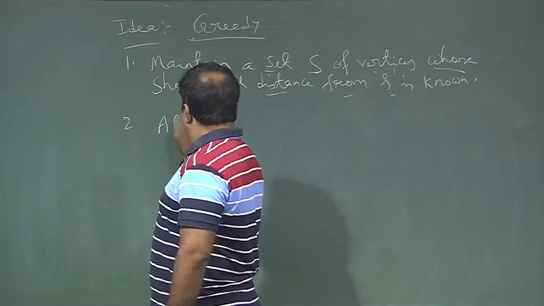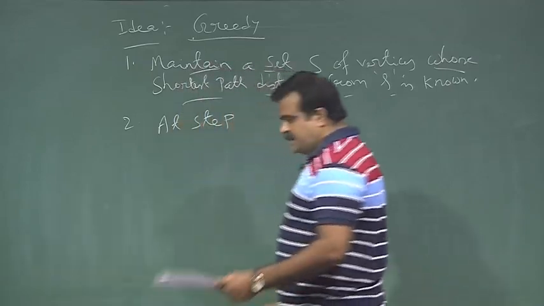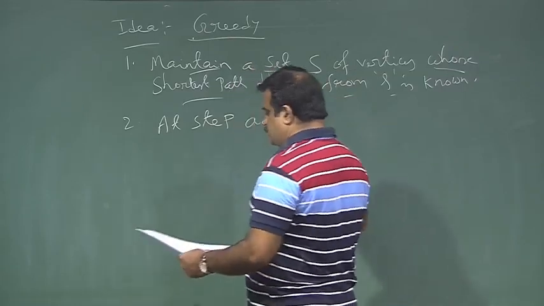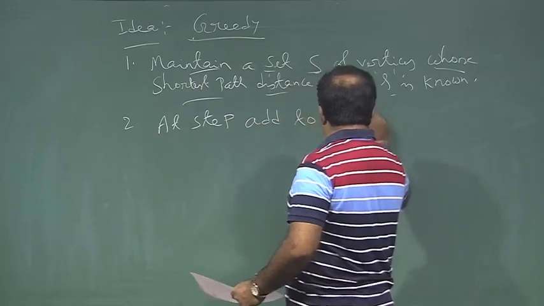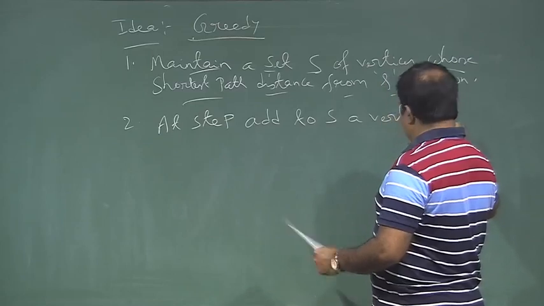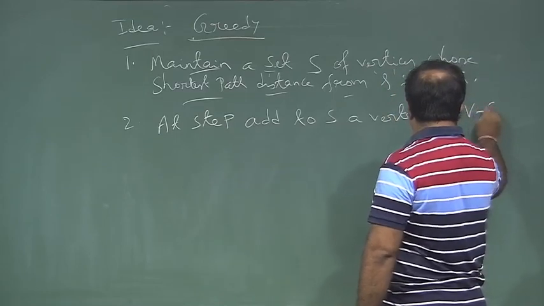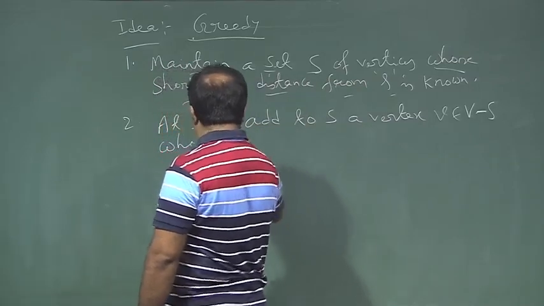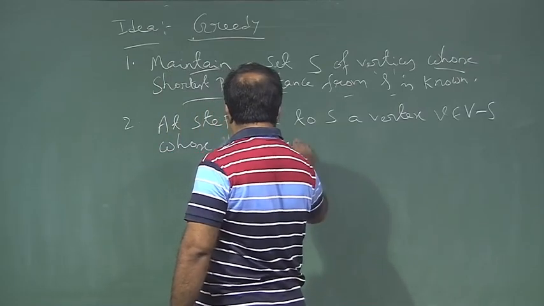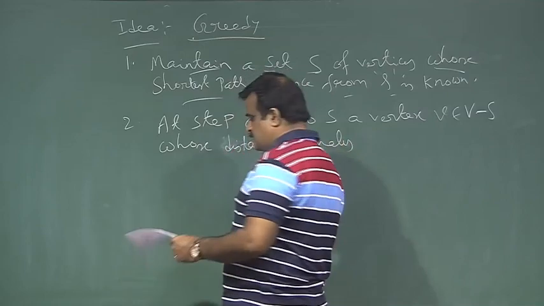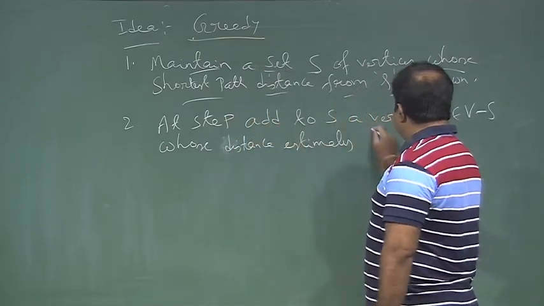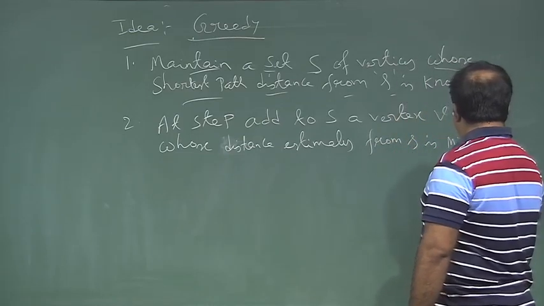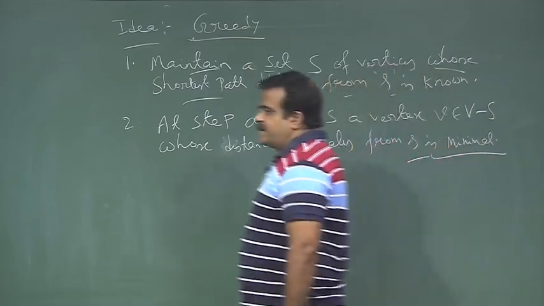At each step, we have a distance estimate from S, so at each step we add to S a vertex from V minus S whose distance estimate from S is minimal. This is the greedy choice.